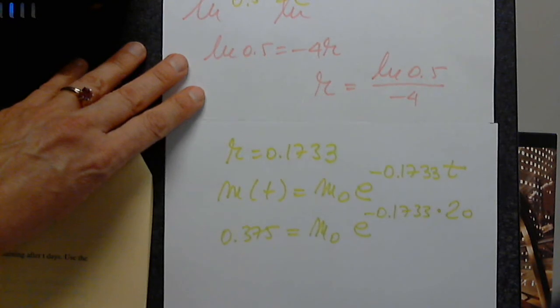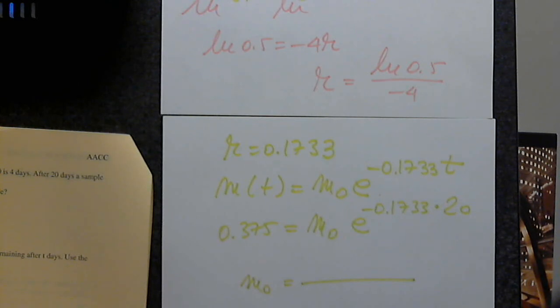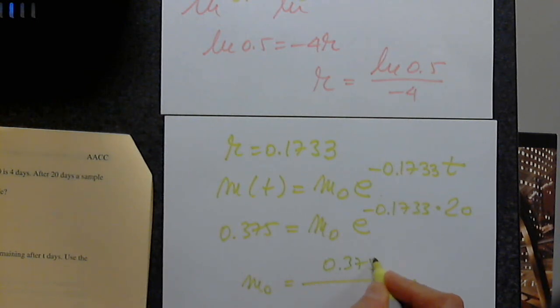I have everything except m0. How do I get m0 from here? Divide both sides by? How can I divide by this when the variable is here? Yes, I divide 0.375 by this. Be very careful how you put e to the -0.1733 multiplied by 20 in the graphing calculator.